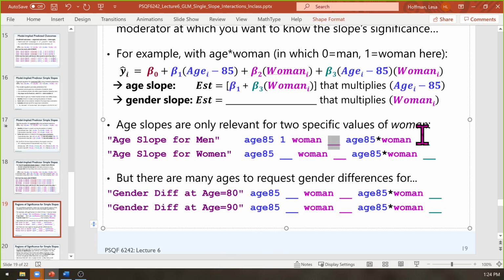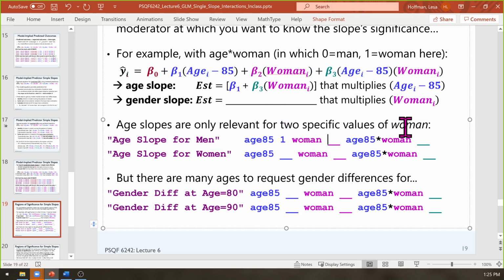What goes here? We're worried about men, so we could 0 that out. 0 is correct, but not for the reason you just said. Okay, lucky guess. Because there's no beta 2. That's why. This variable refers to this beta 2 right here. Beta 2 is not in our ingredients because it has nothing to do with age.